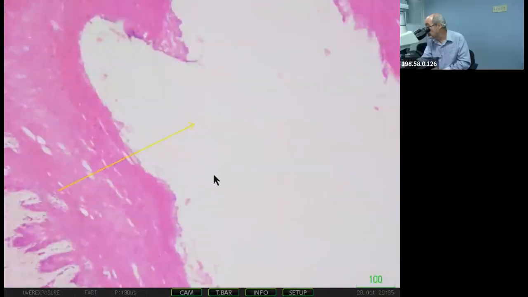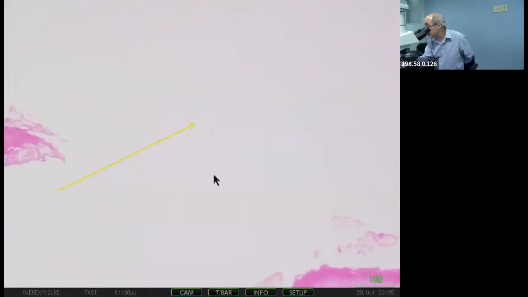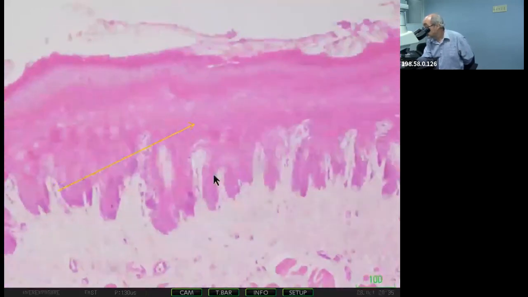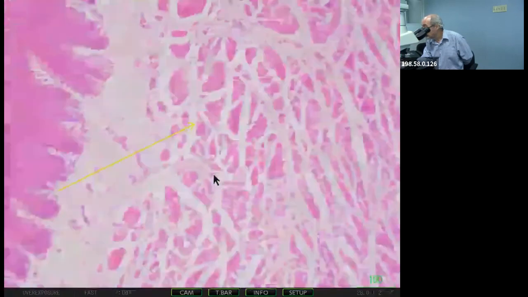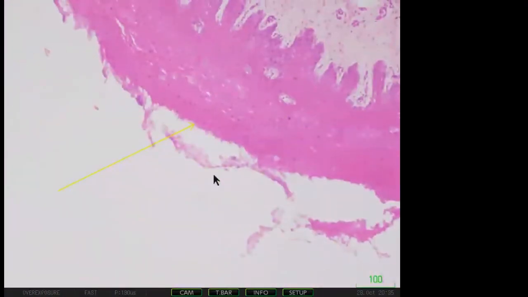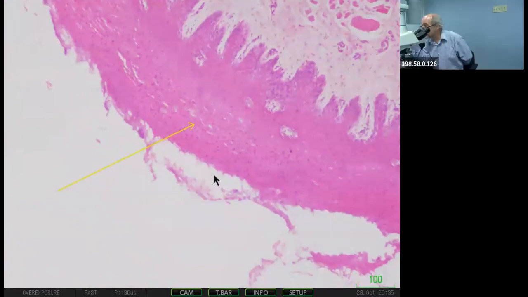Give me an example of an organ where you can find stratified squamous non-keratinized. The vagina. I want two organs where you can find it.